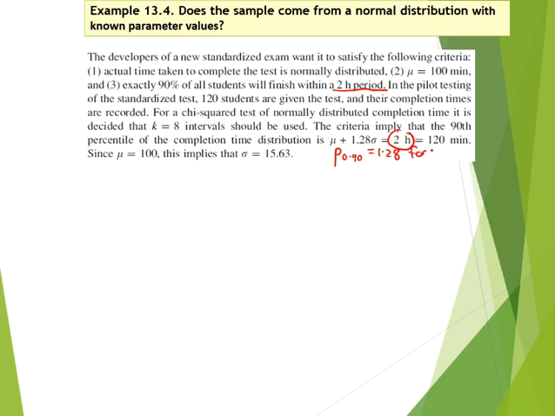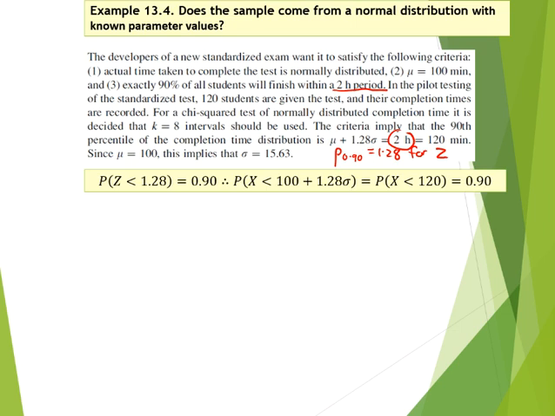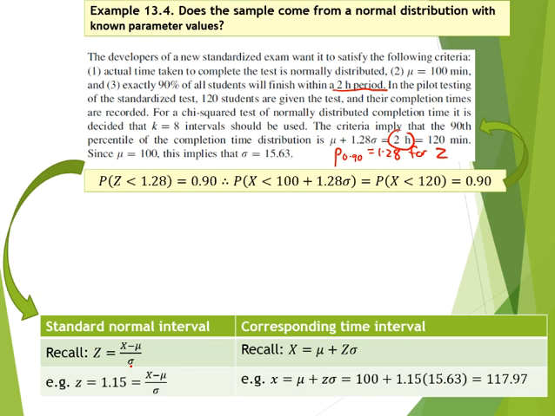In other words, the probability that Z is less than 1.28 is 0.9. But we know the relation between Z and X: Z is X minus mu over sigma, which means X is mu plus Z sigma.